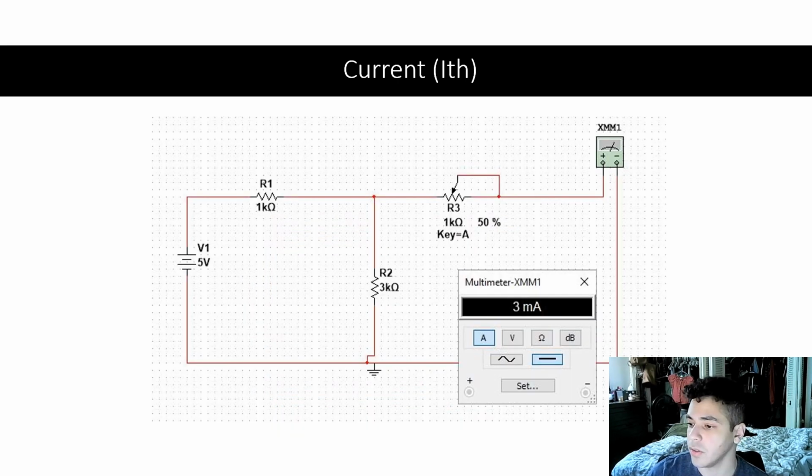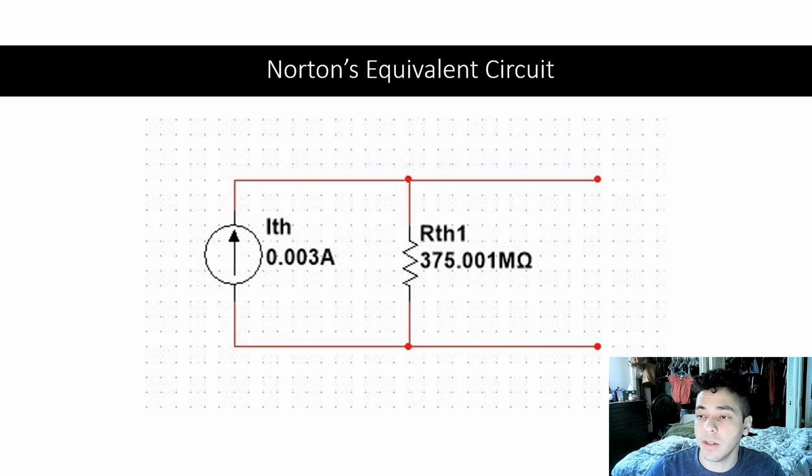Now for the Norton, I had to get the current using the same multimeter, since I already had the resistance calculated from the previous theorem. So as you can see, we got 3 milliamps for the current. And so the Norton equivalent circuit was created as follows.